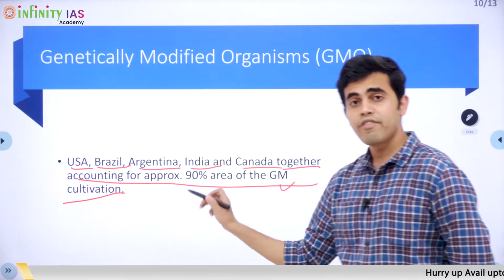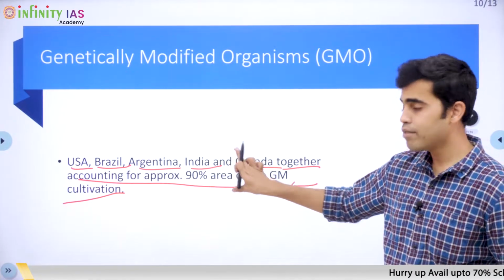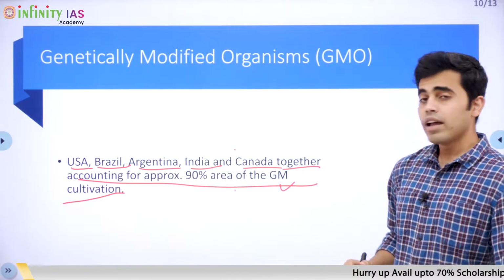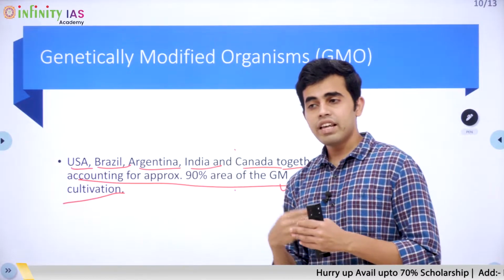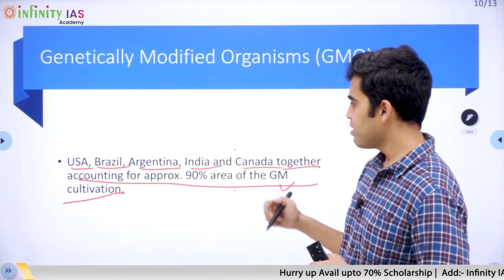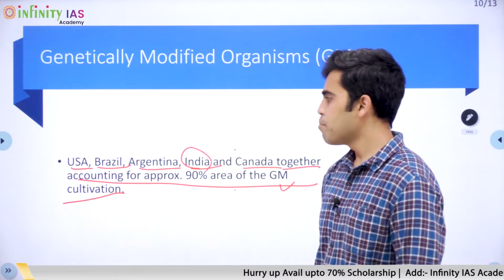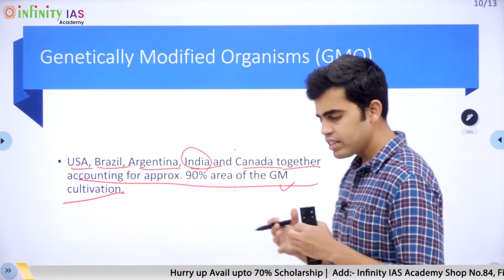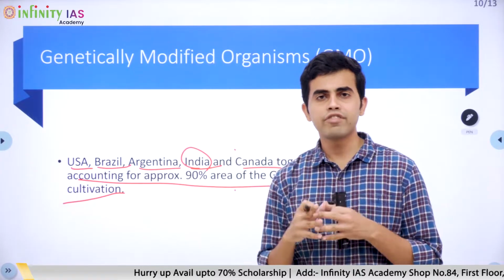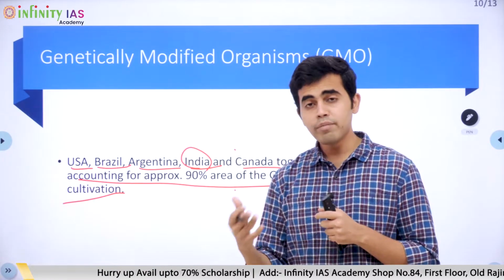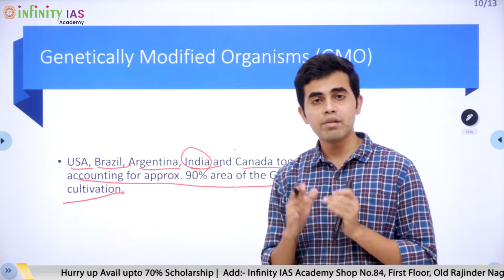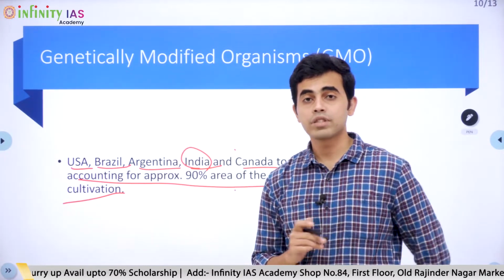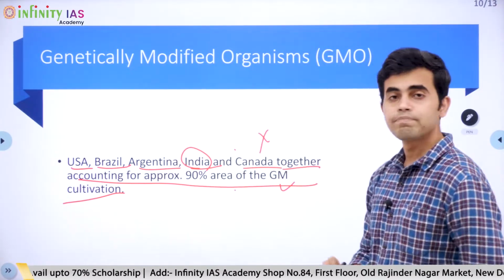This is a very important statement because in prelims there will be one statement where they will say India is a major cultivator of GM crops. We have seen that the regulation is very tight for GM crops, so we might think that India is not a major cultivator of GM crops, but that is false.